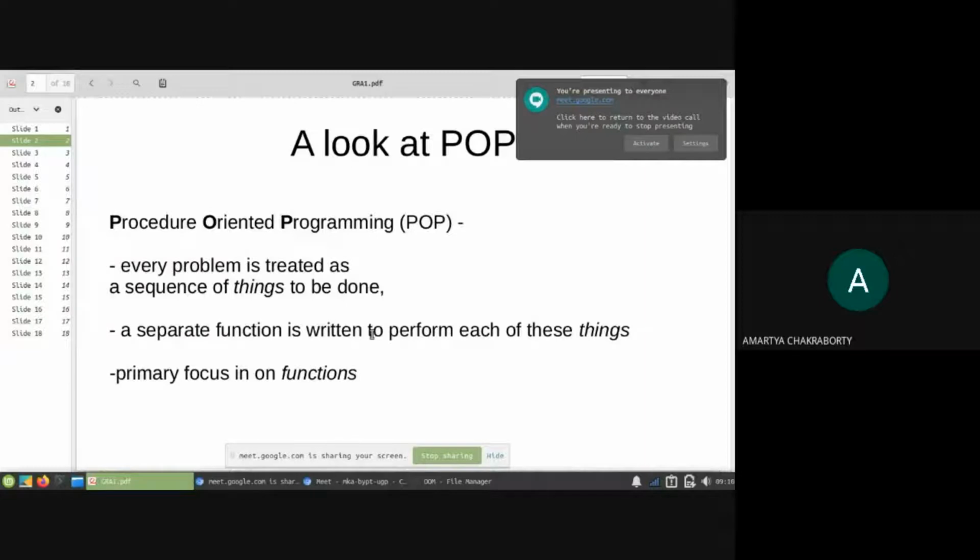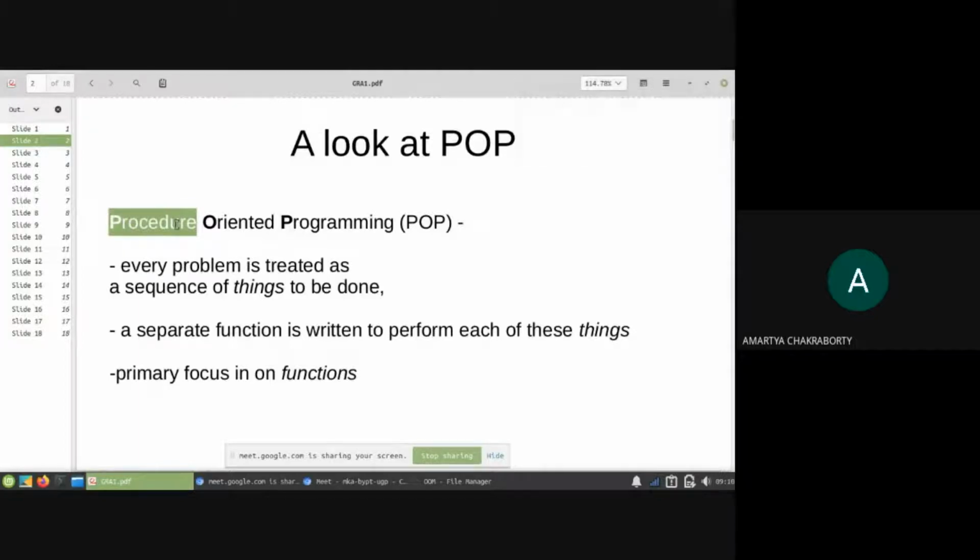Every set of such instructions is grouped into a separate function. The primary focus in procedure-oriented programming is on functions. Obviously, the word procedure corresponds to the word function. Procedure, method, all of these are other words for functions.